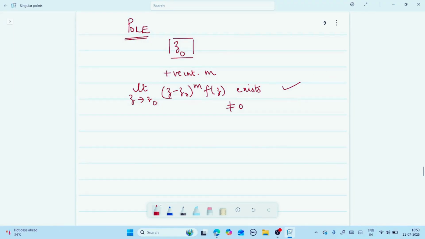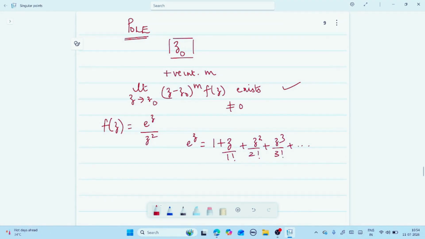Now, how are we going to identify whether an isolated singular point is a pole or not mathematically in a function f of z? Let us consider a function f of z, which is e power z by z square. Now, let us represent e power z first of all like this. e power z can be written as 1 plus z by 1 factorial plus z square by 2 factorial plus z cube by 3 factorial plus so on, as a Taylor series.